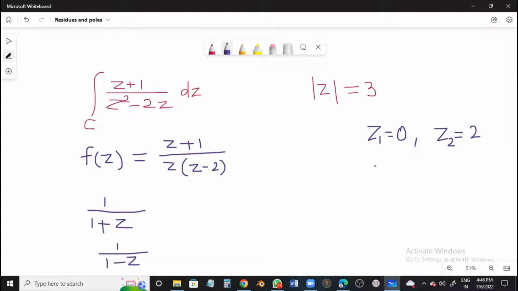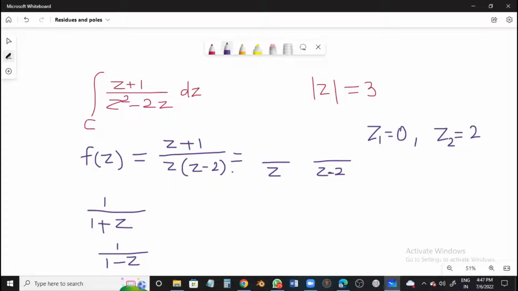So are you able to expand? Or try to write this as a sum of two partial fractions, upon z and upon z minus 2 kind of thing. Can you?